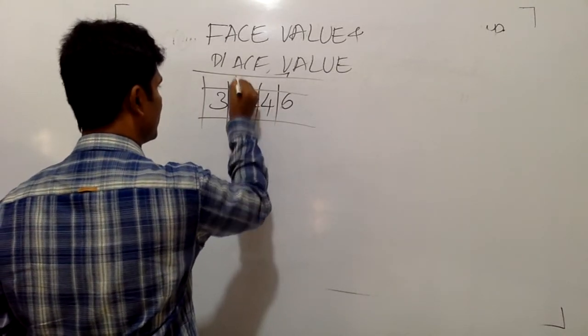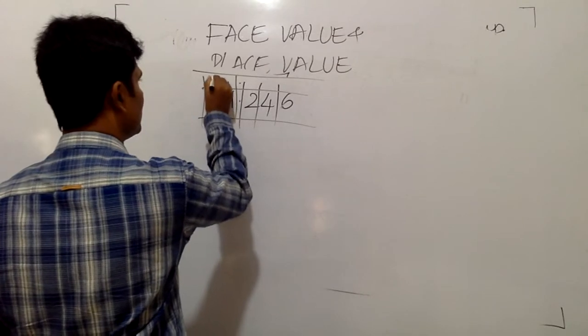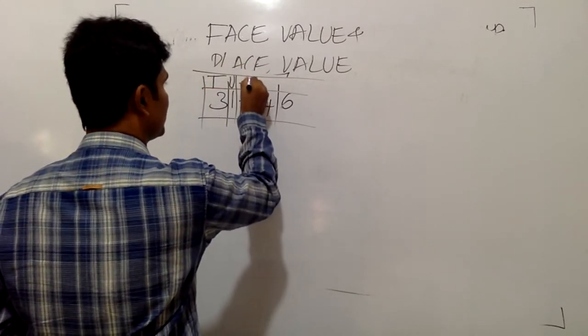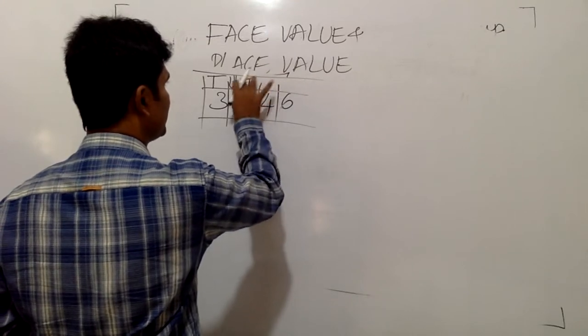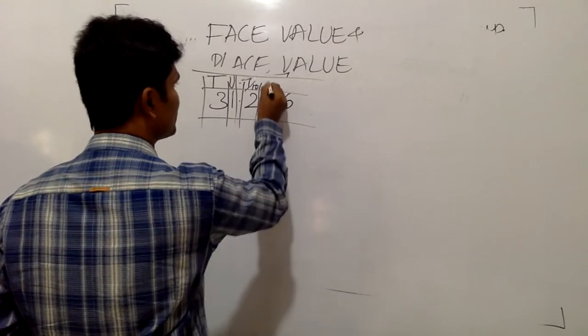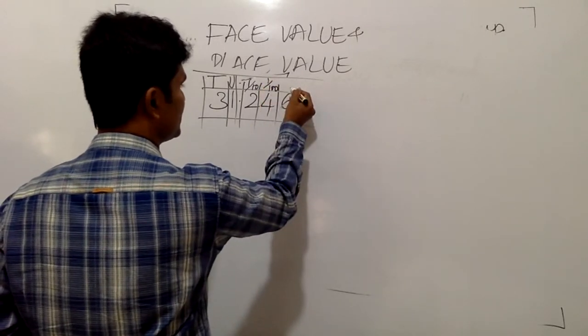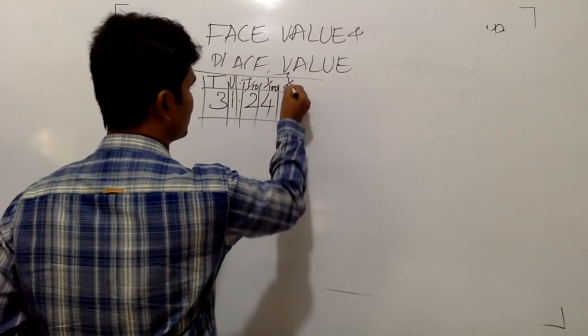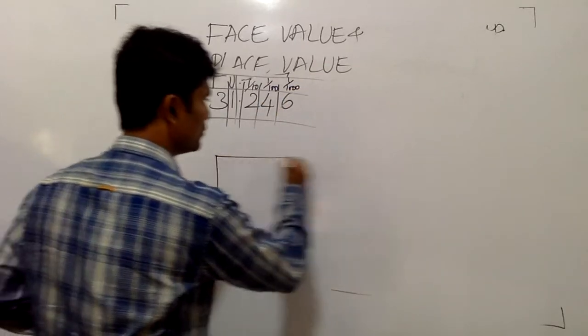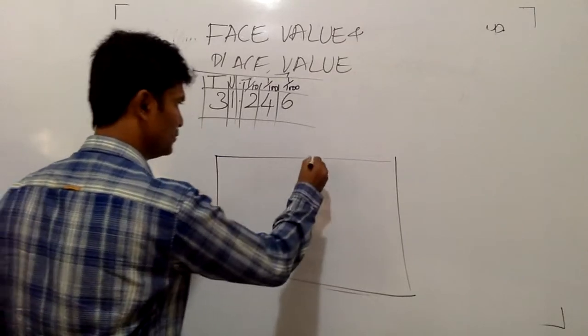This is the tens place, this is the units place, and this is the tenths place, I mean 1 by 10. Hundredth place means 1 by 100. This is 1 by 1000, which means thousandth place. Let us know about the face value and the place value.